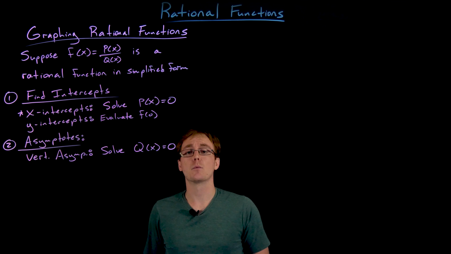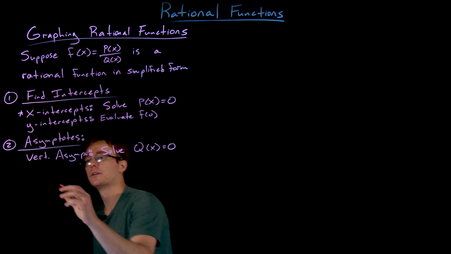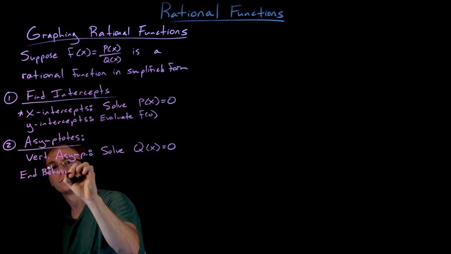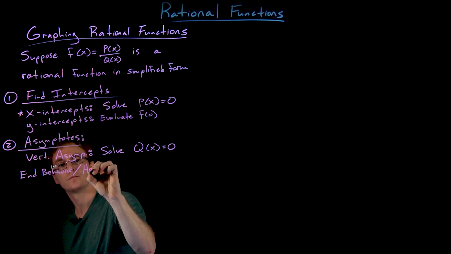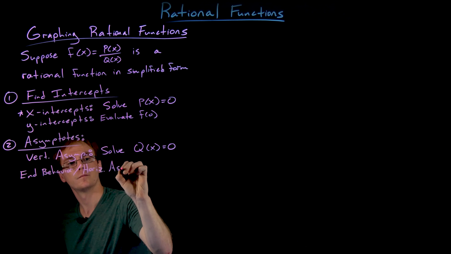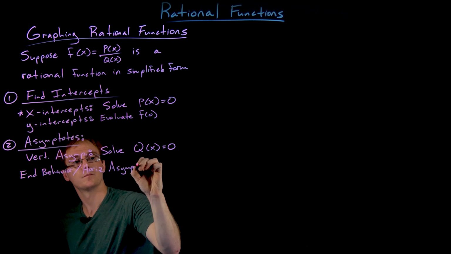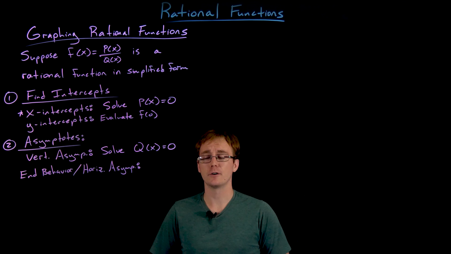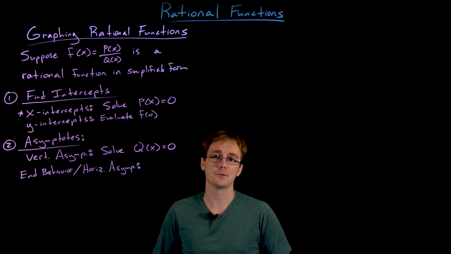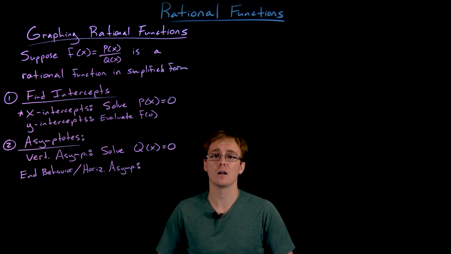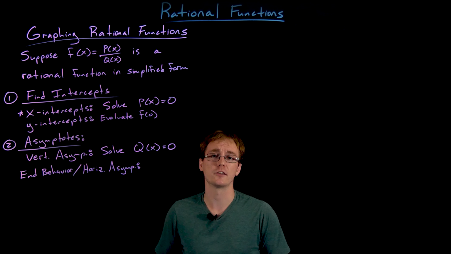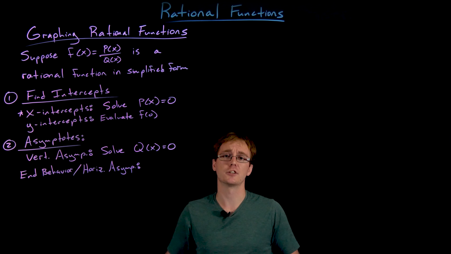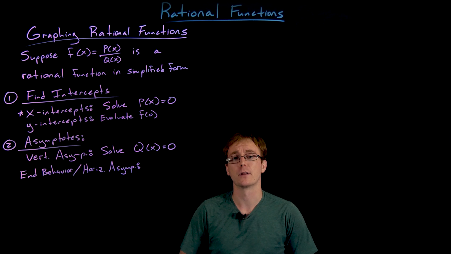So the next thing I want to put in our asymptote category is going to just be our end behavior. I'm putting that in there because the end behavior for our rational functions is often these horizontal asymptotes at y equals 0 or some other constant, or sometimes we get a non-horizontal asymptote like a linear asymptote, slant or oblique asymptote, or even some kind of quadratic or other polynomial asymptote.